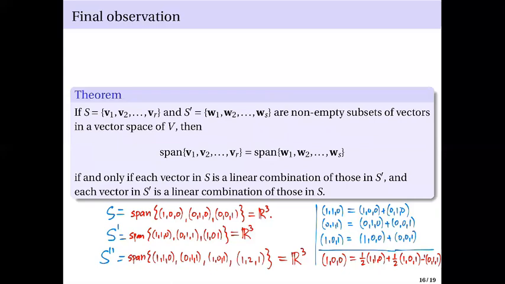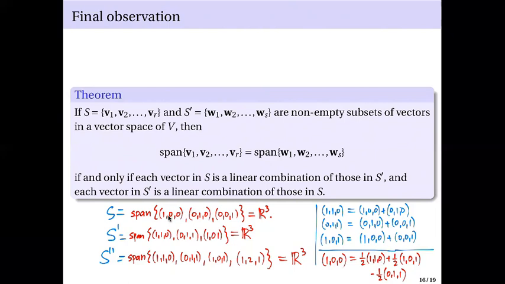So let me adjust this. So minus 1 half (0, 1, 1). Okay? So 1 half plus 1 half plus 0, that's 0. 1 half plus 0 minus 1 half, that's 0. This is 0, plus 1 half minus 1 half, that's 0. Yep. So (1, 0, 0).